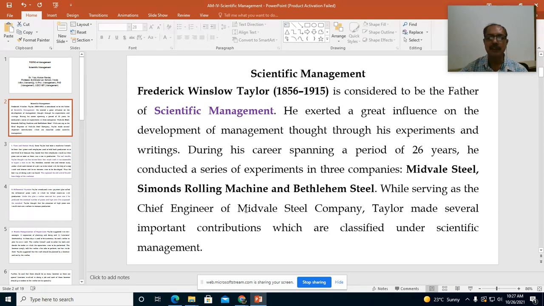He was a machinist, and he worked in different organizations like Midvale Steel, Simonds Rolling Machine, and Bethlehem Steel. During his 26 years career, he contributed a lot to management, and his work is classified under scientific management.